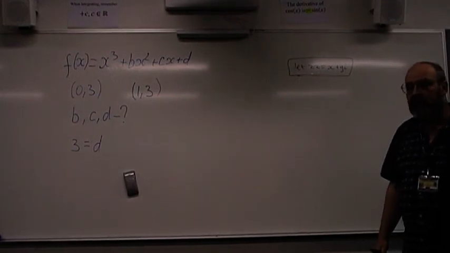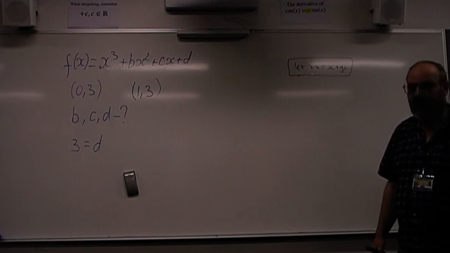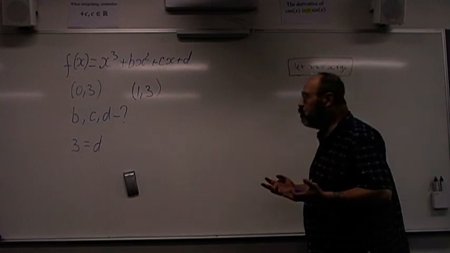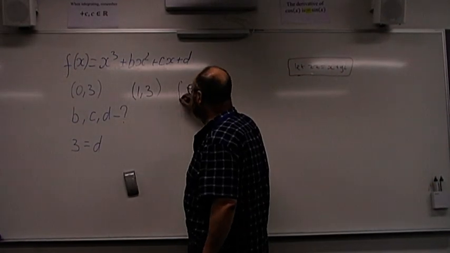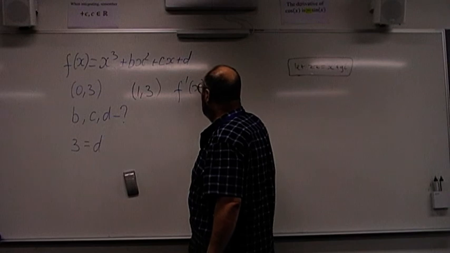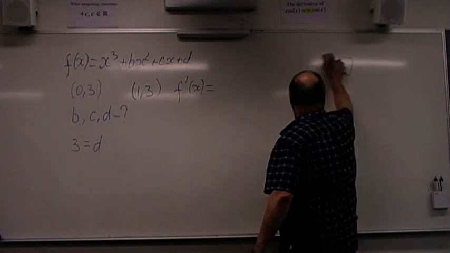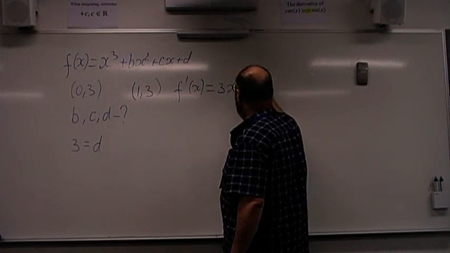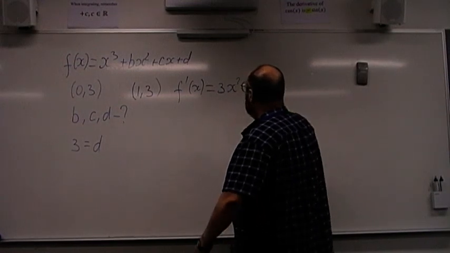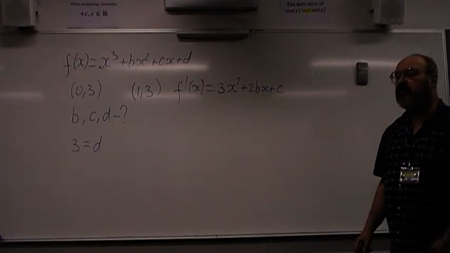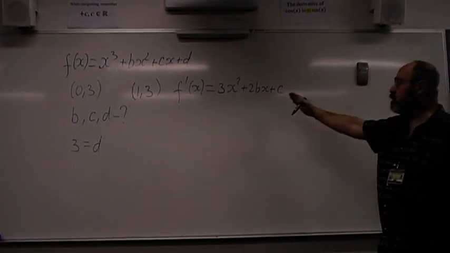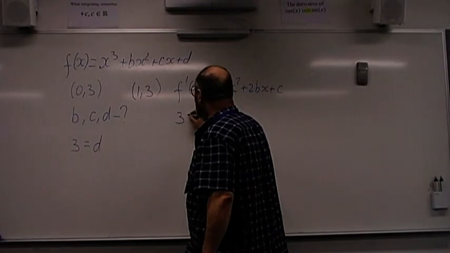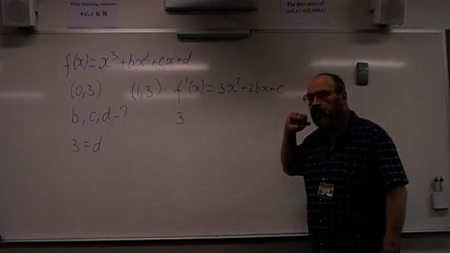Now, to use the stationary point, we need to differentiate. A stationary point is when the derivative equals 0. The derivative will be f dash of x equals 3x squared plus 2bx plus c. As this is a stationary point, this expression will equal 0. And x equals 1 at the stationary point.